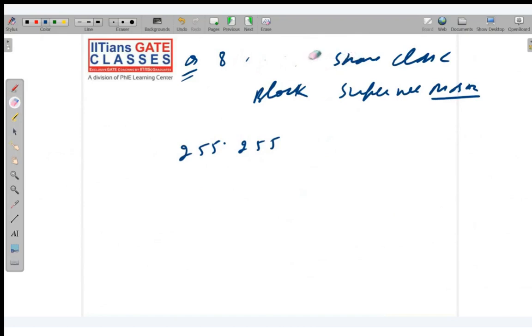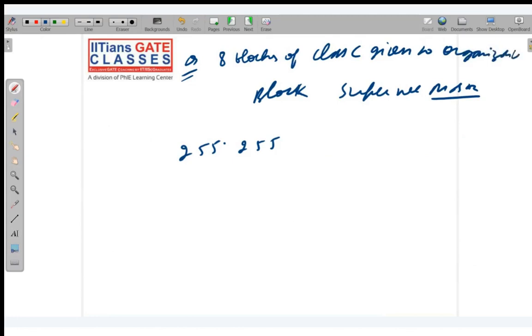We are doing supernetting, na? Yes, sir. 8 blocks of C given to an organization, and they are saying find the supernet mask.